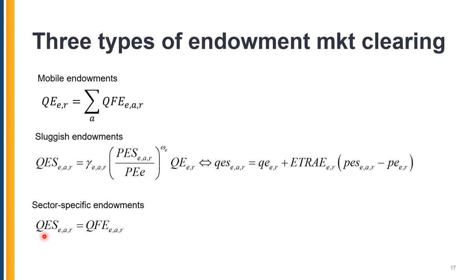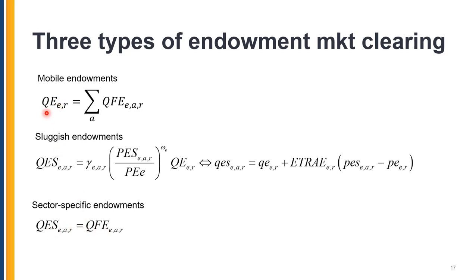And in fact, where it is non-trivial, we'll show you the percentage change version. But here we have the level QES, QFE. This is the sector specific. So this endowment must be sold to this activity in this region. They're the only purchaser. So those two things just had to balance out. It's just an equation that says this thing is the same as this thing.